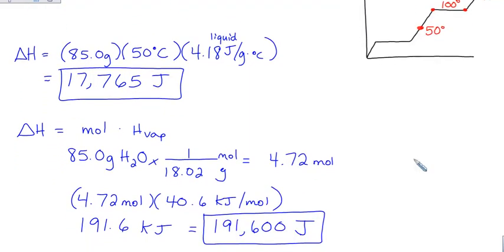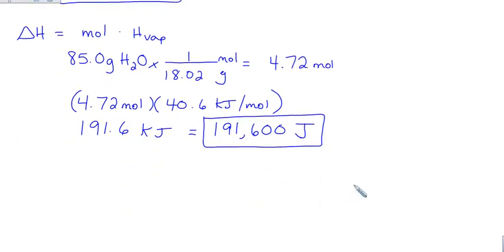It's a significant amount of energy. If you're doing these, like there's one in the homework, people always come up and they're like, I just can't get the right answer. I'm way off. 99% of the time, this is it. Oh yeah, that's a lot of energy you're missing.